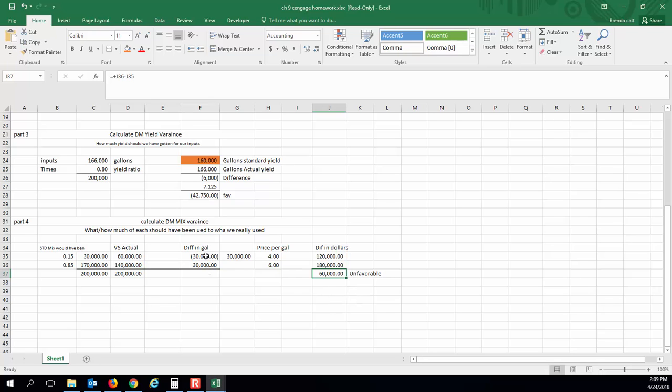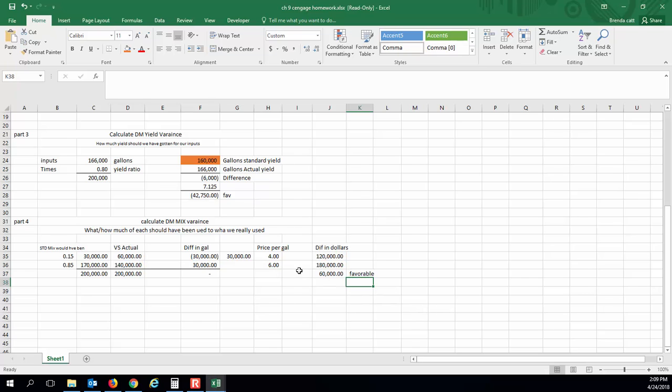The only thing is we actually put in more than we thought we would have of the $4 stuff. We put in less than we thought of the $6 stuff. So we put in less of the expensive stuff, more of the cheaper stuff. That's favorable.